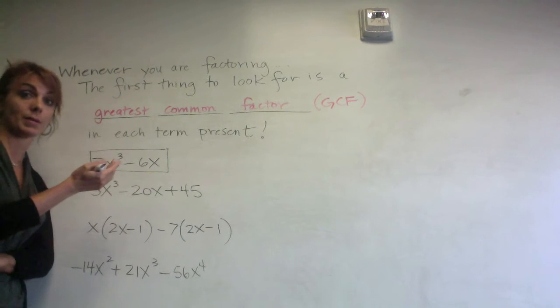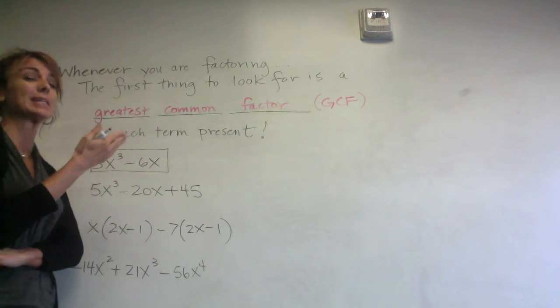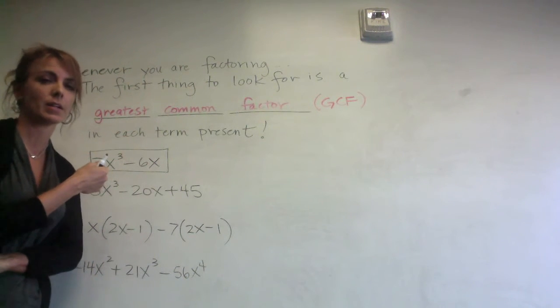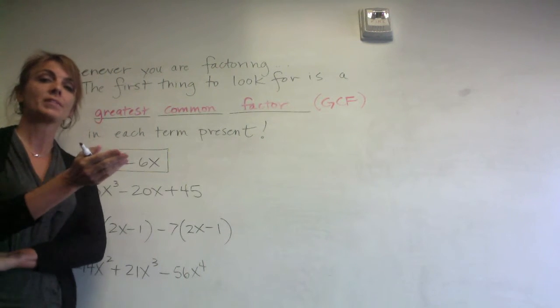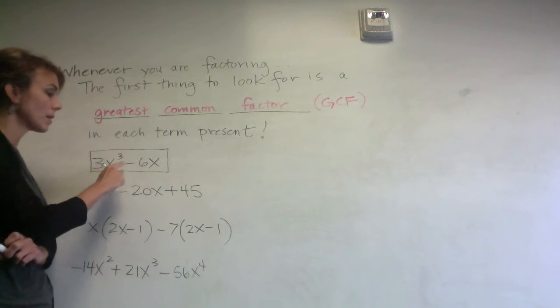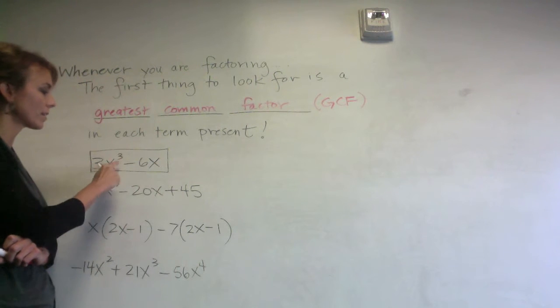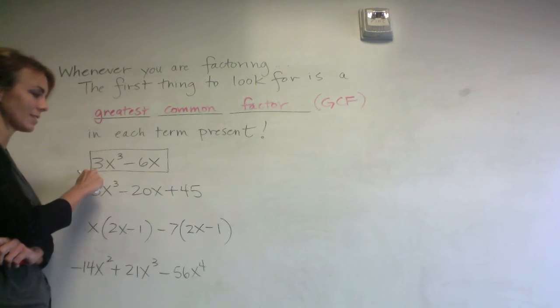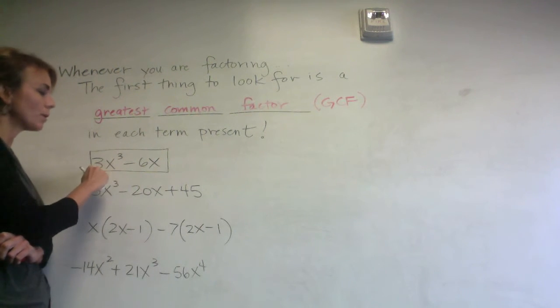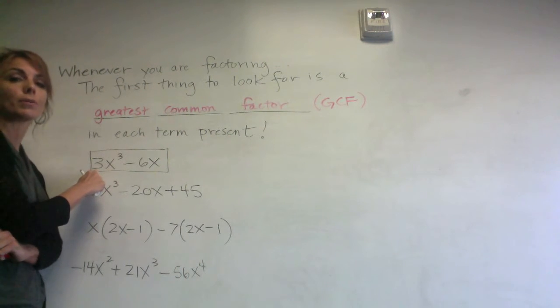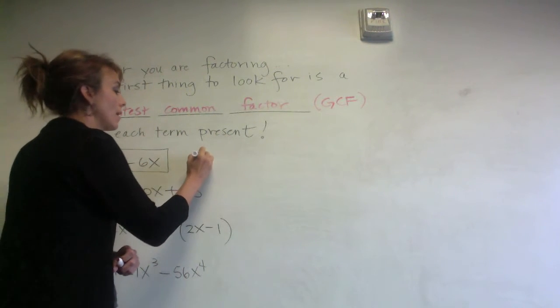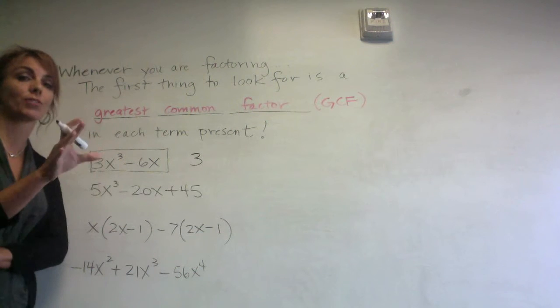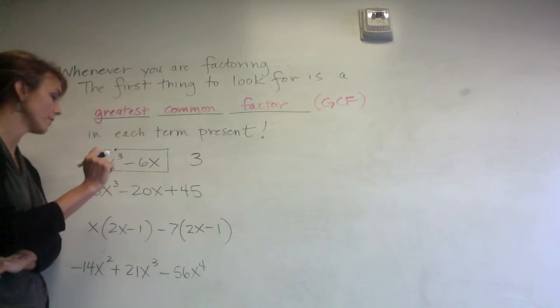What is the biggest thing that I can divide out of both terms? So the technique to use is to look first at the number and go, okay, what is a factor of both 3 and 6? These coefficients both have a factor of 3. So we are going to identify 3 as part of our GCF.